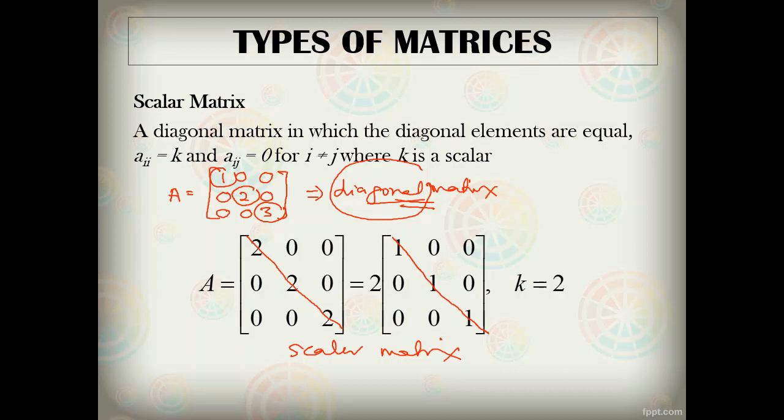But whenever your matrix is diagonal, with the elements of the diagonal equal, this is automatically called scalar matrix, because you can factor 2 out so that matrix A is a scalar matrix with the scalar 2. Your K, your scalar, is 2.